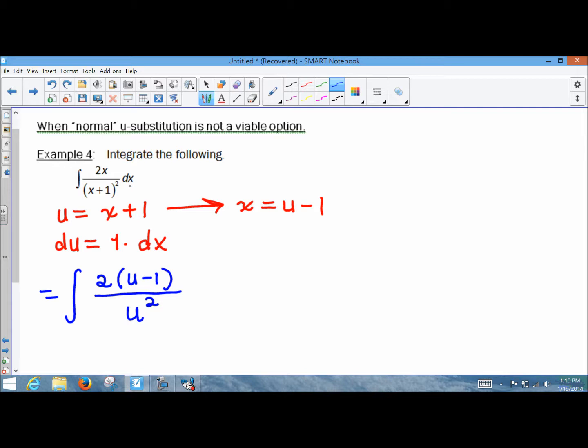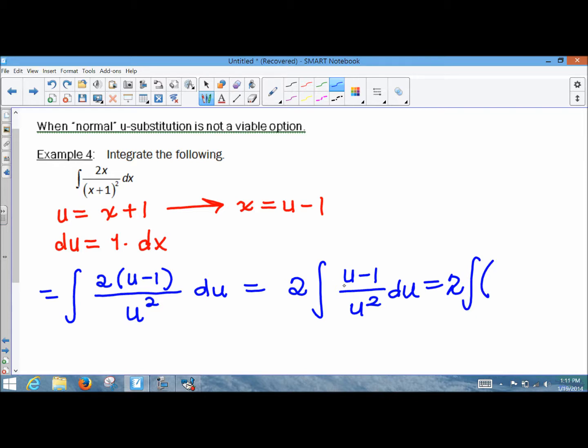Now to finish this, we want to make sure that we substitute our dx out for du. That's going to be very important. And then we'll continue by perhaps bringing the 2 out in front of the integral. And then when we have u minus 1 over u squared du, we can entertain the idea of splitting this apart into 2 separate fractions.